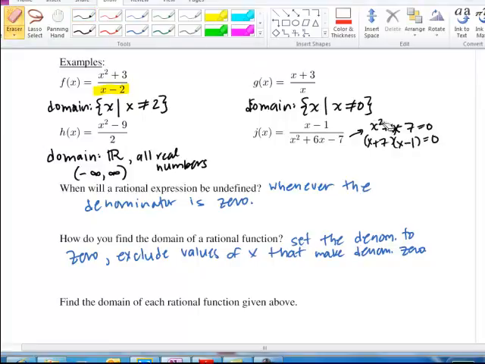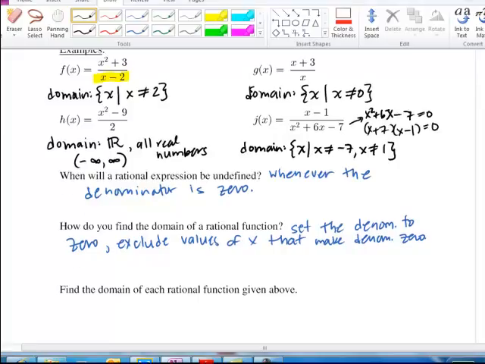So we just set the denominator equal to 0, and in this case, since it's a polynomial, we would factor it, and we would say x shouldn't be negative 7 and x shouldn't be 1 for the domain. So we want the set of all x such that x is not negative 7 and x is not 1. Right, so to find the domain, you set the denominator equal to 0 and throw out those x values.